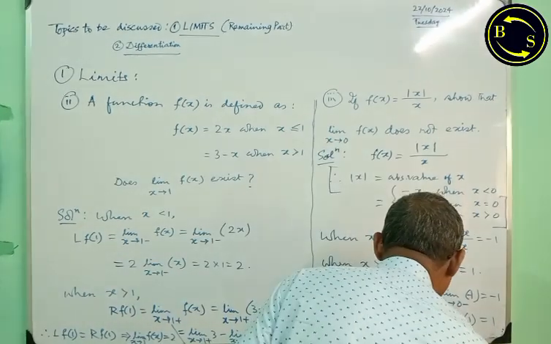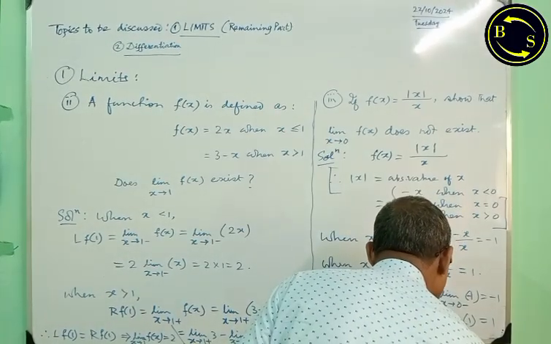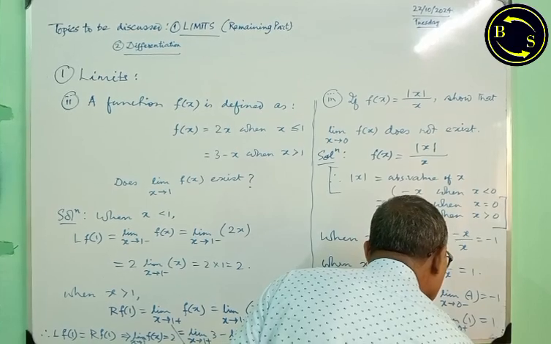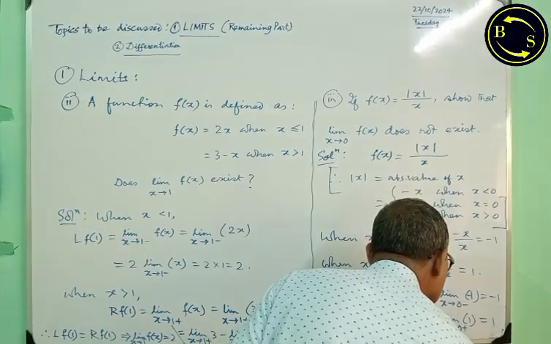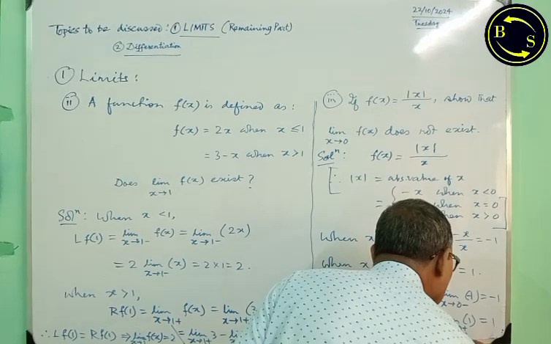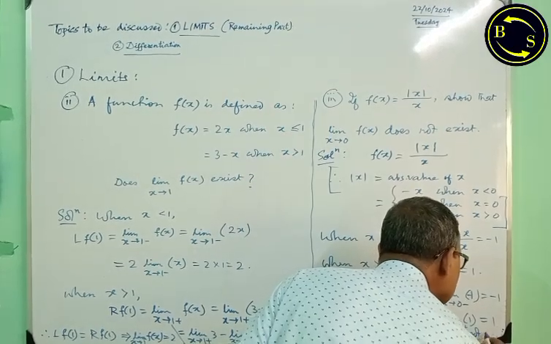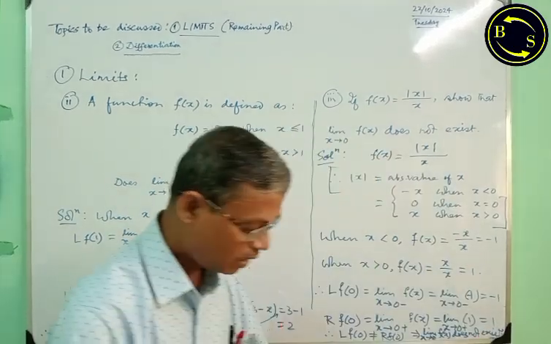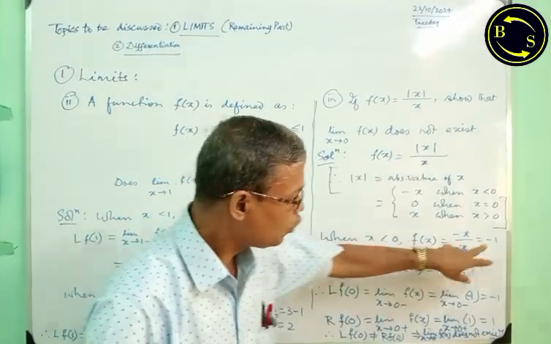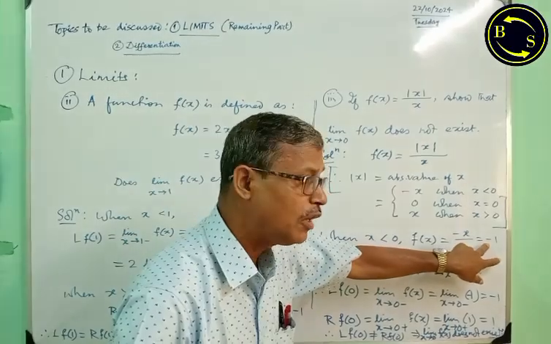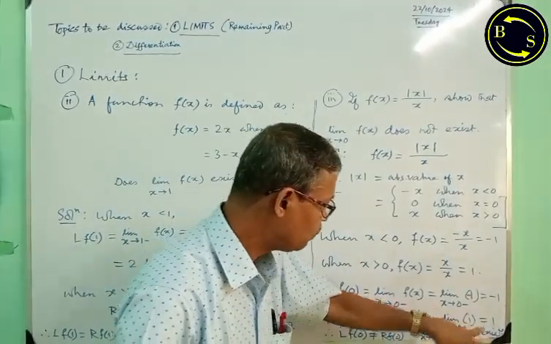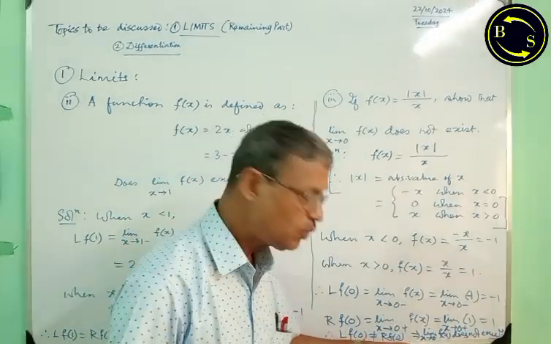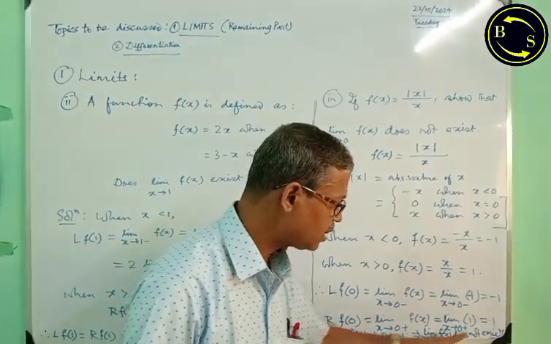Therefore, limit x tends to 0 f x does not exist. Finally, we have got L f 0 value minus 1, R f 0 value 1. That means values are different. Therefore, the conclusion is limit x tends to 0 f x does not exist.